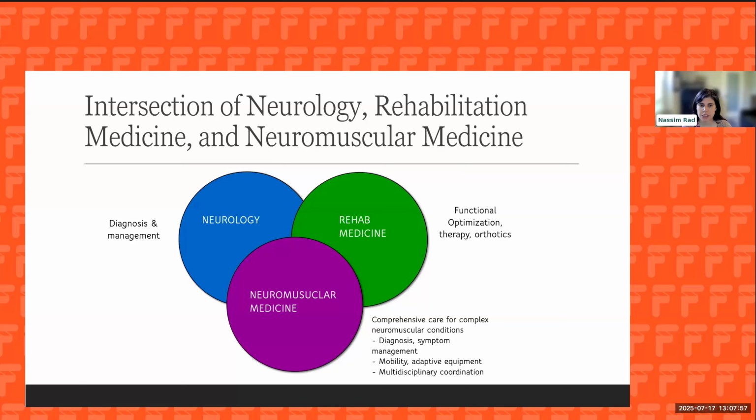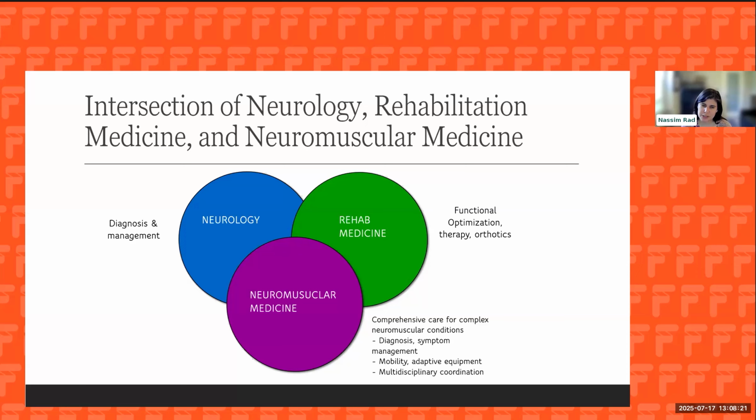They are seeing patients that have diseases that start at the level of anterior horn cells and then all the way to the muscles. So they're seeing the ALS patients to the neuropathy patients to the muscle disease patients, including FSHD. They're doing the diagnosis and symptom management, and they're also doing the mobility equipment and adaptive equipment.